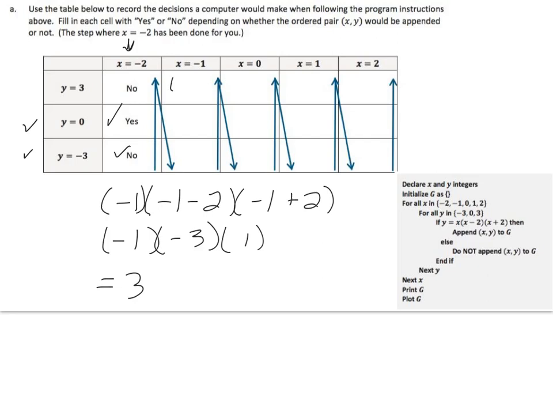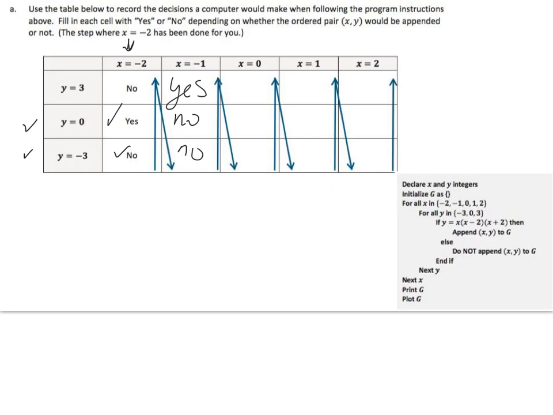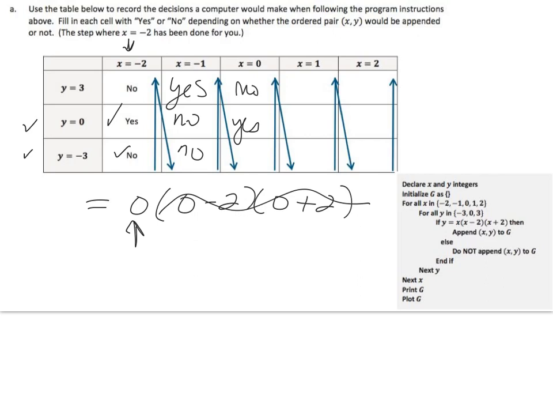So that's just going to be a yes right here, and a no, and a no. Try the next one, x equals 0. This one should be sort of easy. I've got 0 times (0 minus 2) times (0 plus 2). Well, this 0 wipes out everything because it's multiplication. So I'm going to get a yes here, a no, and a no.